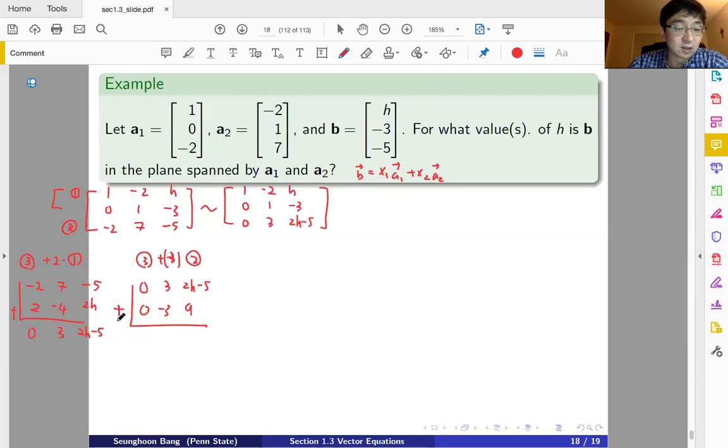Adding, we have 0, 0, 2h plus 4. So we have the echelon form: 1, negative 2, h, then 0, 1, negative 3, then 0, 0, 2h plus 4.